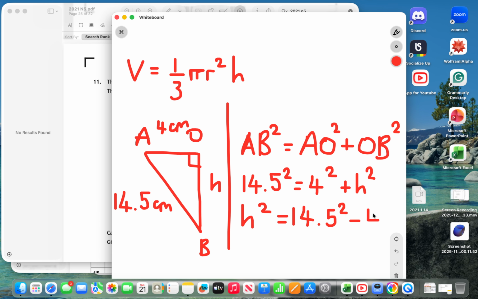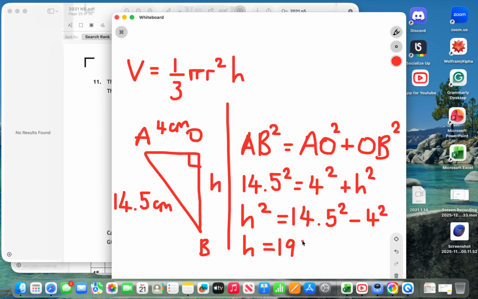And if you plug that into the calculator, you should get that h squared equals 194.25.